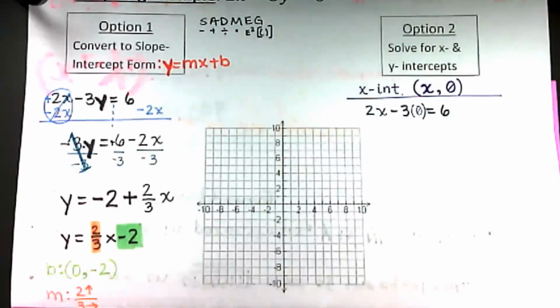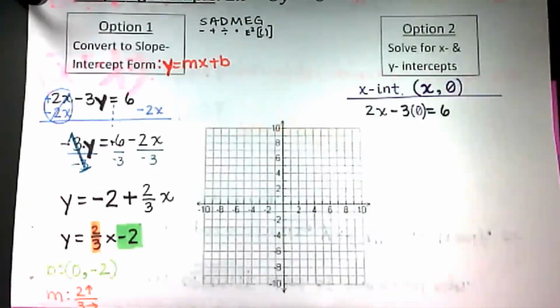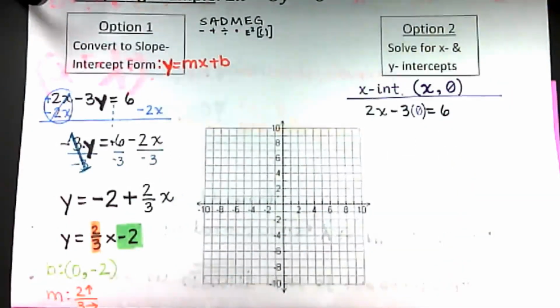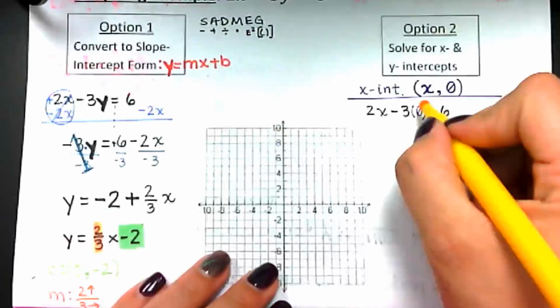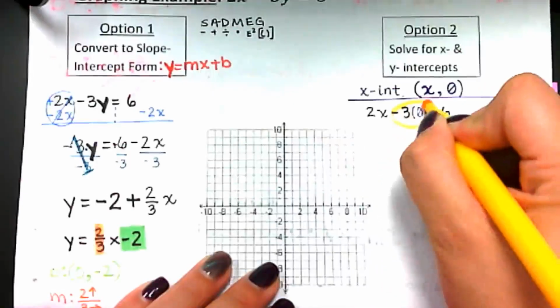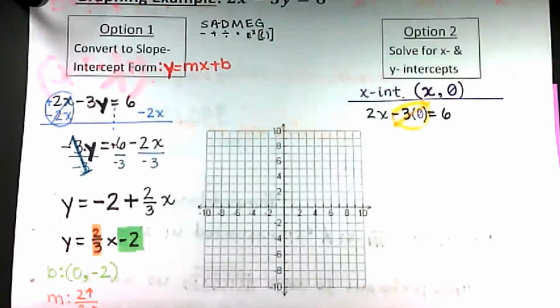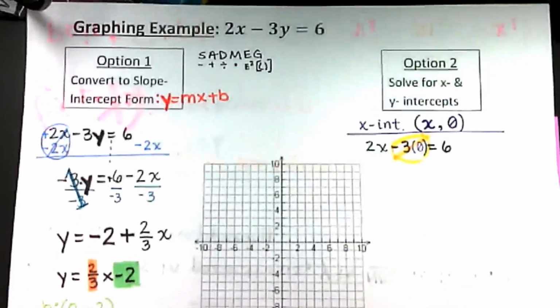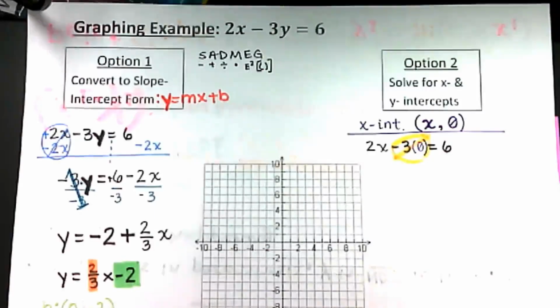Now, I personally love to do this because anything times 0 is, well, 0. So it makes it really easy to get rid of stuff, to eliminate things. So my negative 3 times 0 is 0. Now, this is something that I know I probably shouldn't say, but if it helps you remember, listen up.